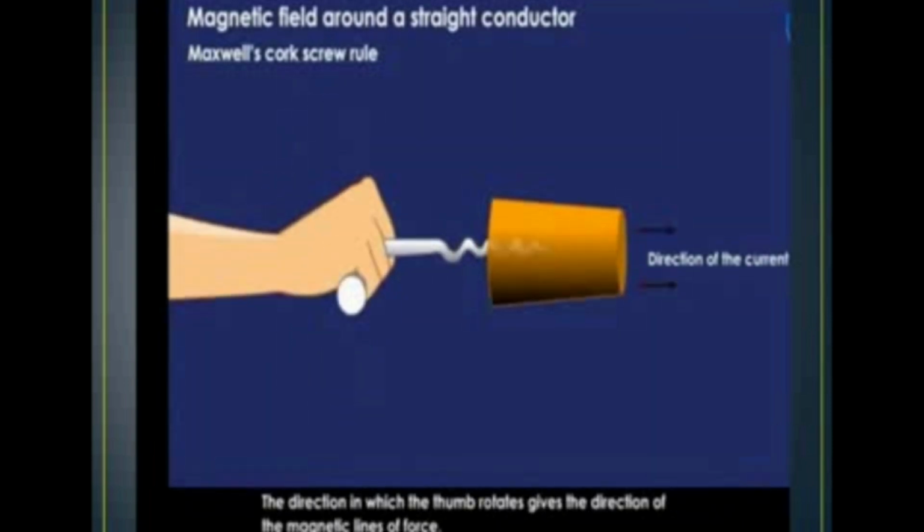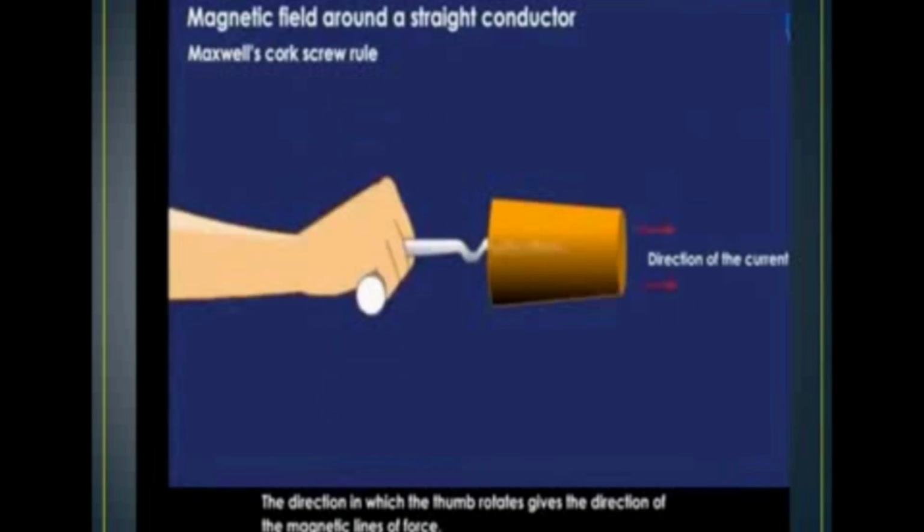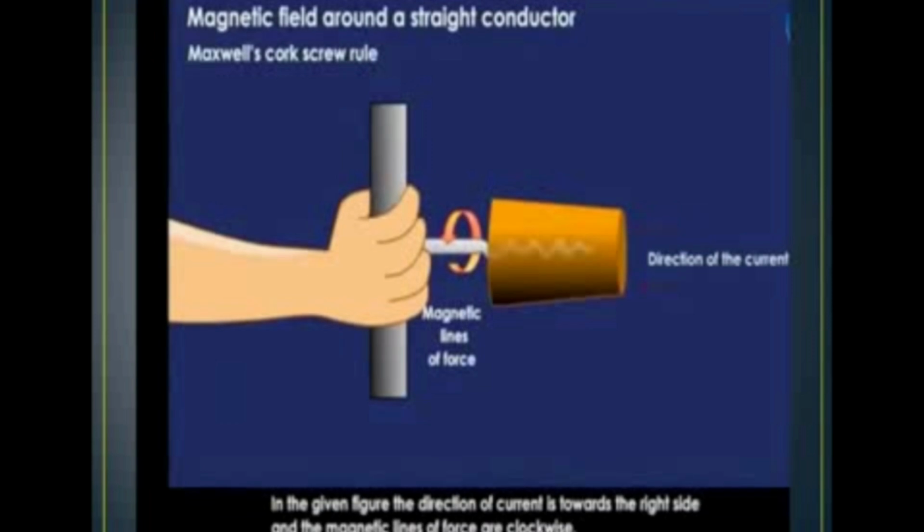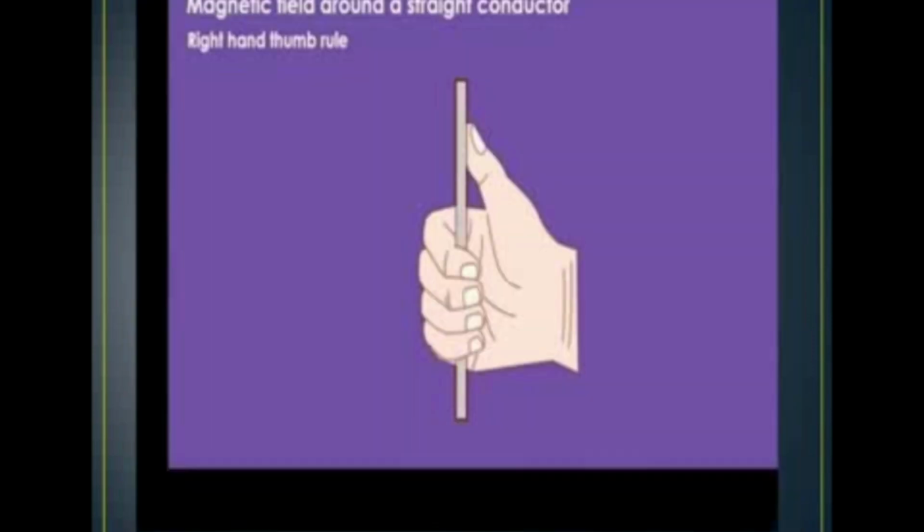The rotation of the hand indicates the magnetic lines of force, while the motion in a straight line is the direction of current. This is called Maxwell's right hand corkscrew rule. The screw advancing is the direction of current, and the rotation is the magnetic lines of force.